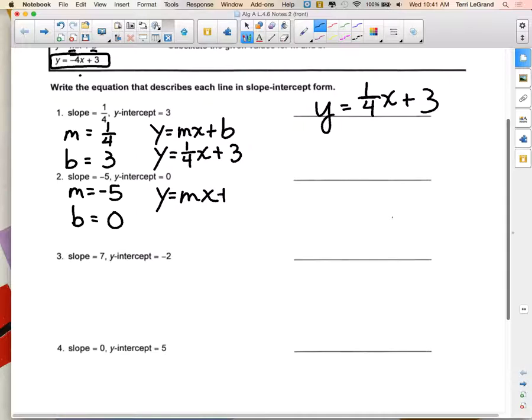Y equals mx plus b. What do we write next, Talia? Okay, we replace the b and the m. Go ahead and do that. What's the equation of this line? With the substitutions made. Substitute for m, substitute for b, leave x and y alone. Let them stay as they are.